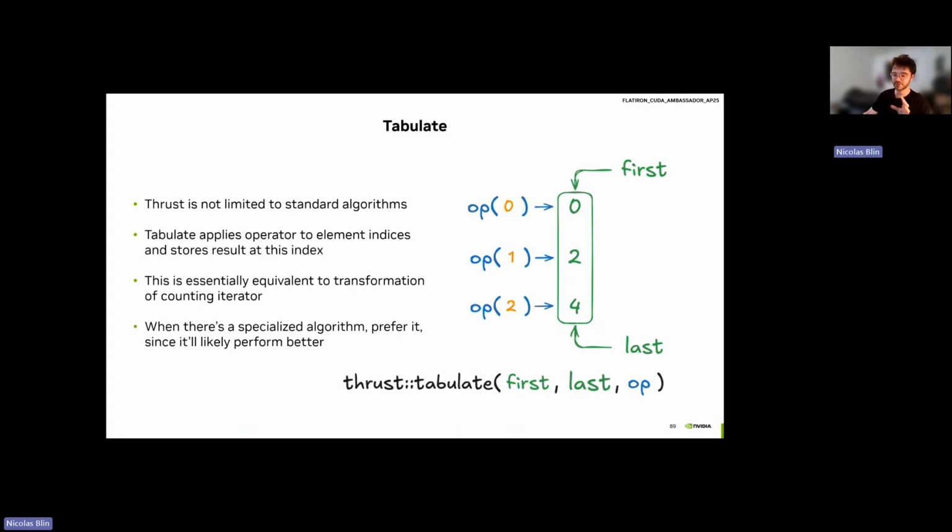The code looks just like thrust transform, except there is no input range to pass in because the input is implicitly generated by tabulation. Instead, it just takes an output begin and an end iterator. Besides being more convenient, specialized algorithms like this are often more optimized. So if you spot an algorithm whose name and purpose match what you need to do, it's often a good idea to use it.